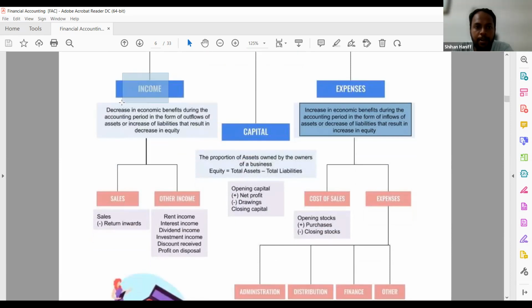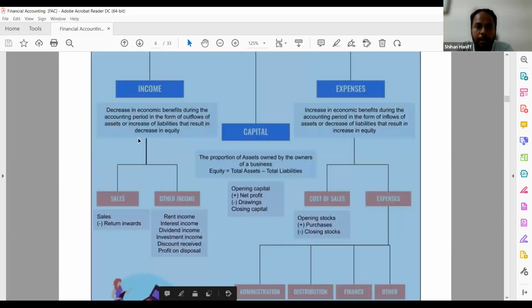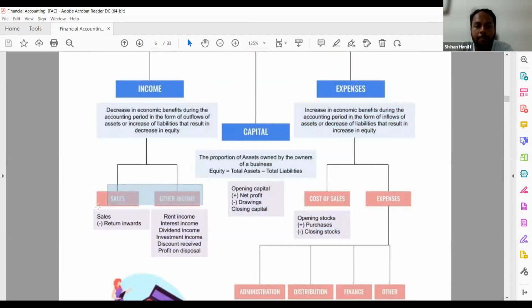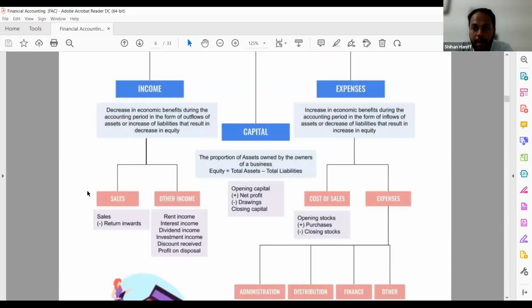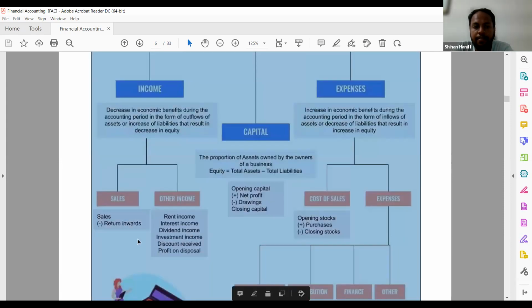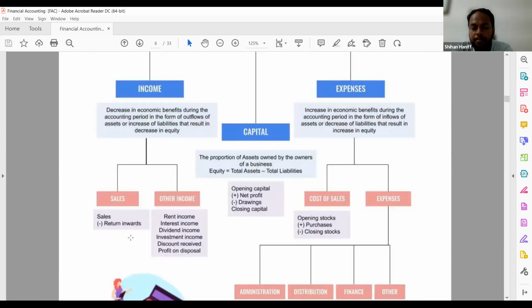Now I'm going to go to the financial statement from this. Income is divided into two types: sales income and other income. Sales income means from the sales, we deduct any sales returns.